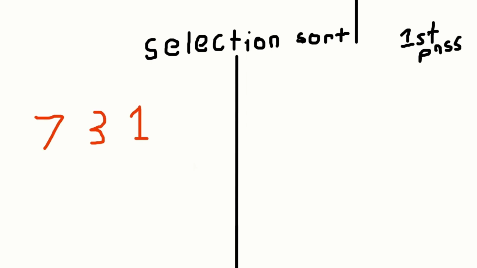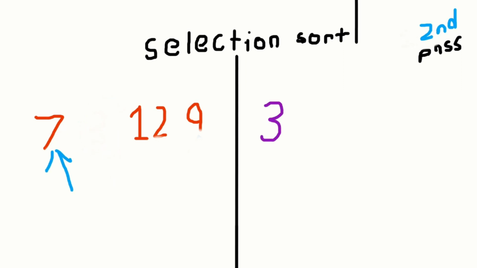Another sorting method is called selection sort, and it works by dividing the list into 2 subsections of unsorted and sorted. It then tries to find the smallest value in the unsorted list. 3 is smaller than 7, 12 is not smaller than 3, and 9 is not smaller than 3. And so 3 is moved over as the first value in the sorted list.